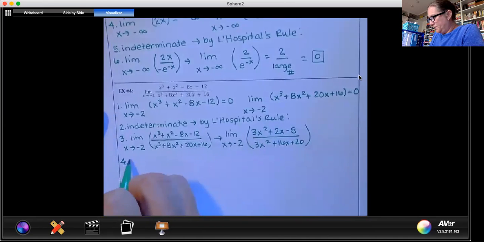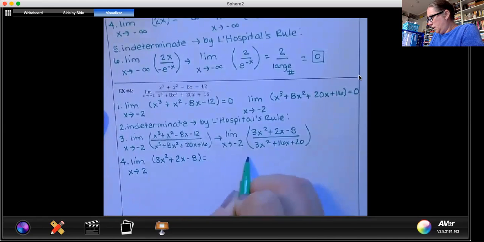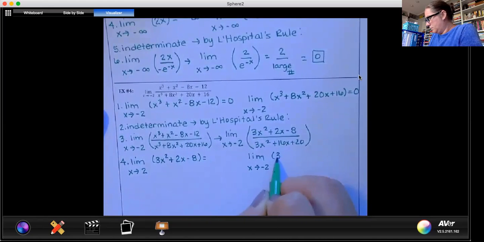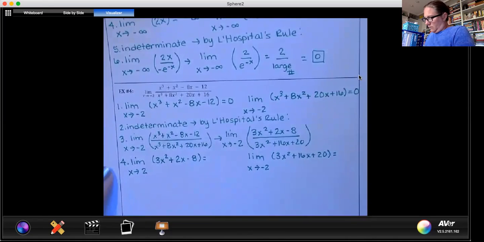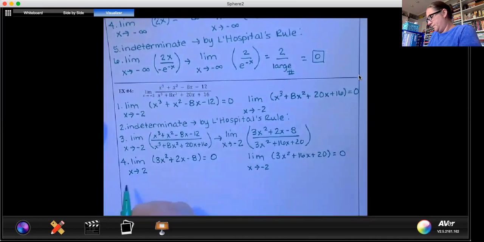Separate them. Numerator and denominator. So that one's going to be 0 again. And 0 again. So indeterminate.